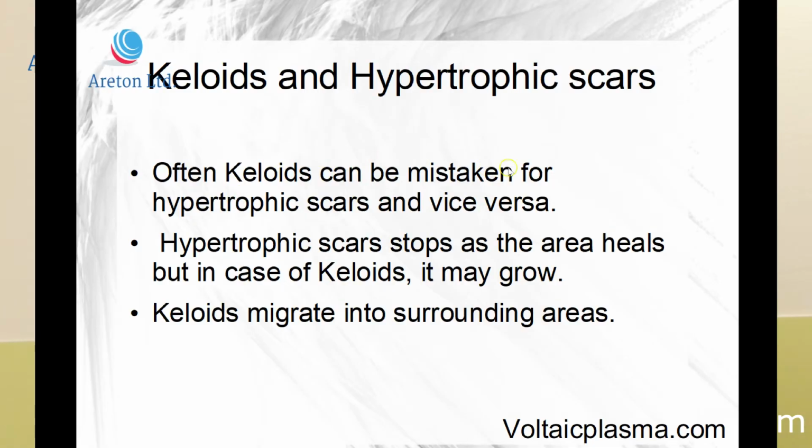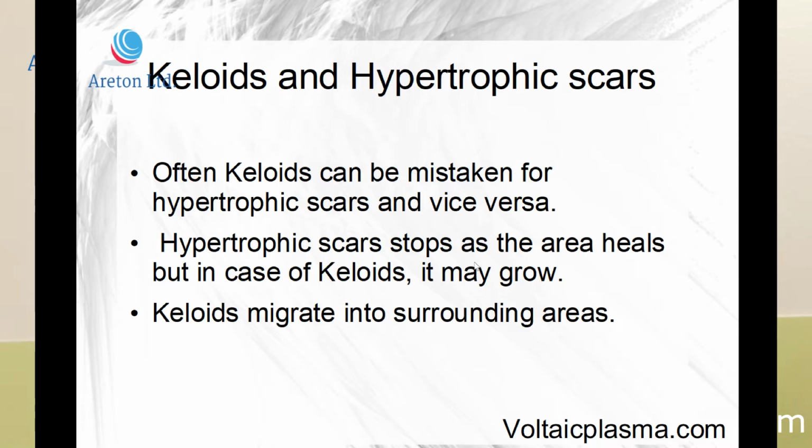So often keloids can be mistaken as hypertrophic scars and vice versa. This is why we made this information available to start with. Hypertrophic scars stop as the area heals, but in the case of keloids, they actually grow. They keep growing and growing after months. If you have a hypertrophic scar, over time it will subside slightly, if not completely, many times.